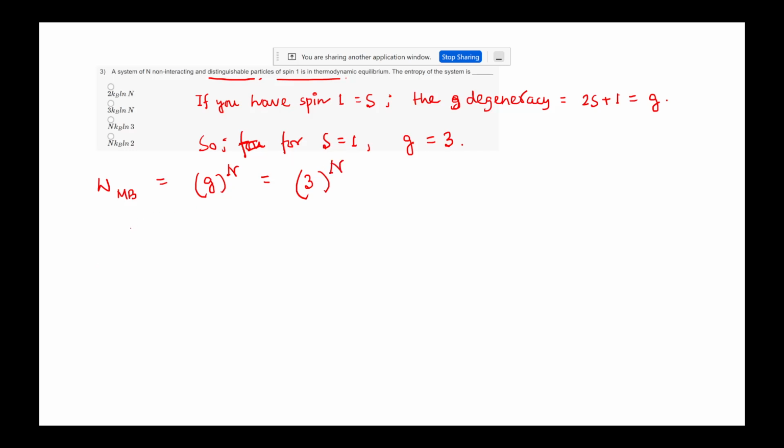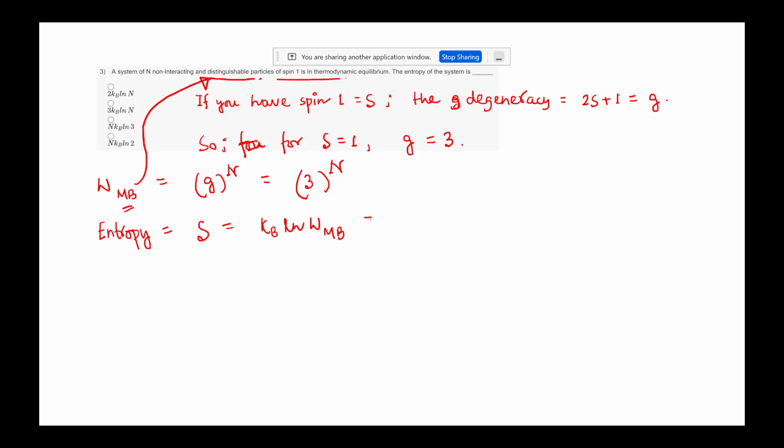Okay, and so the entropy S is equal to Kb ln Wmb. Why Mb? Because this is distinguishable.